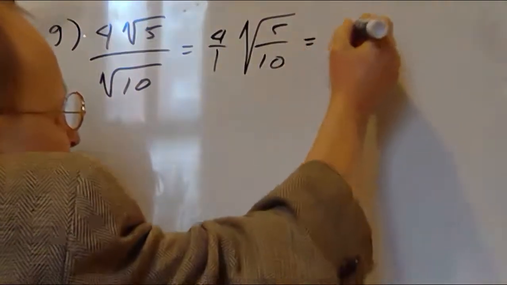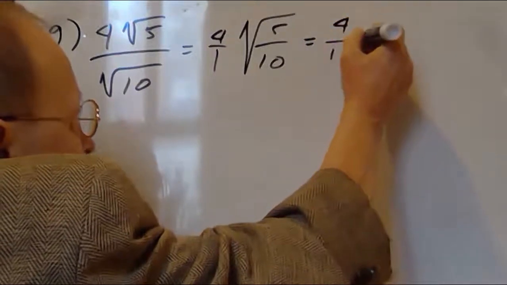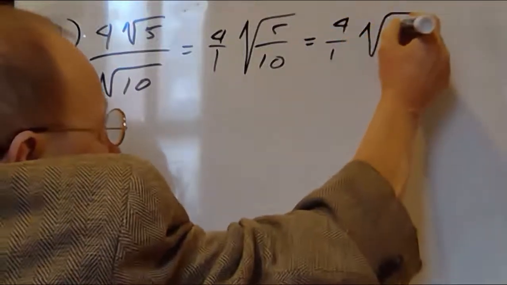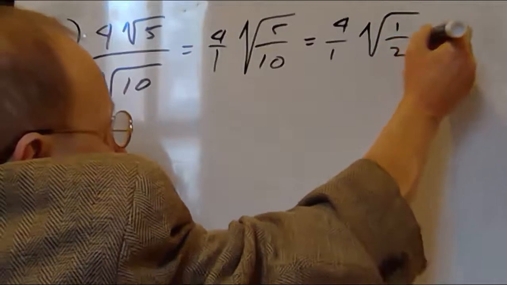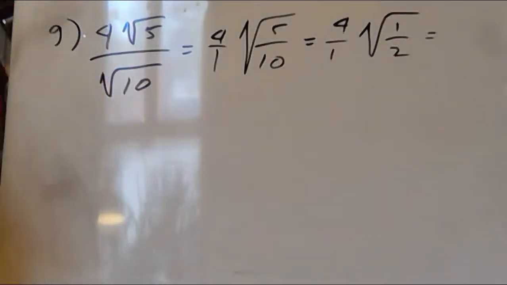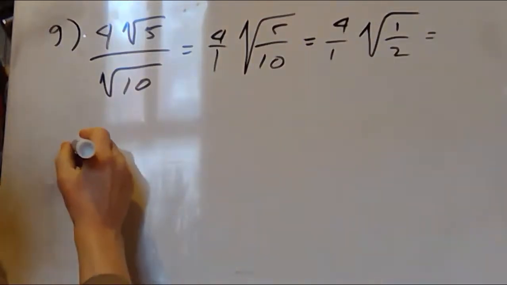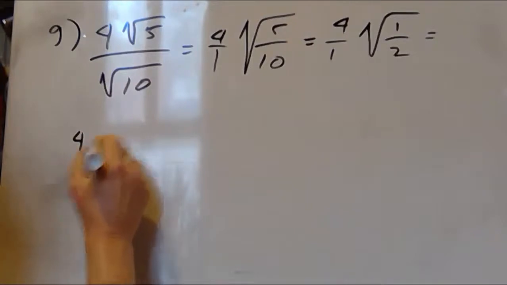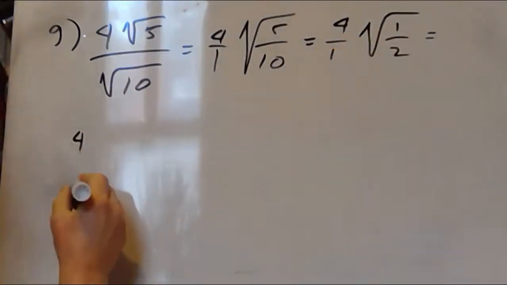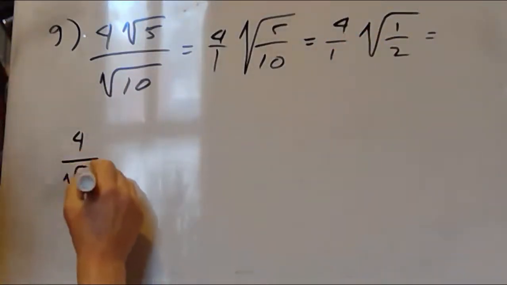And that's going to be equal to 4 square root of 1 over 2. So there we have 4, and since the square root of 1 is 1, over the square root of 2.